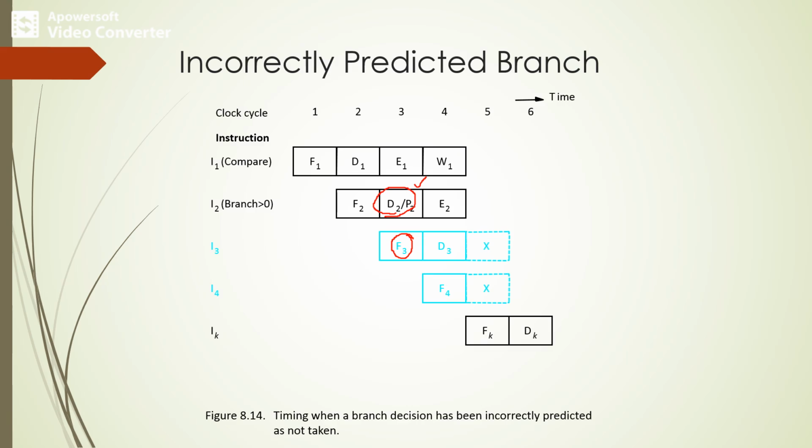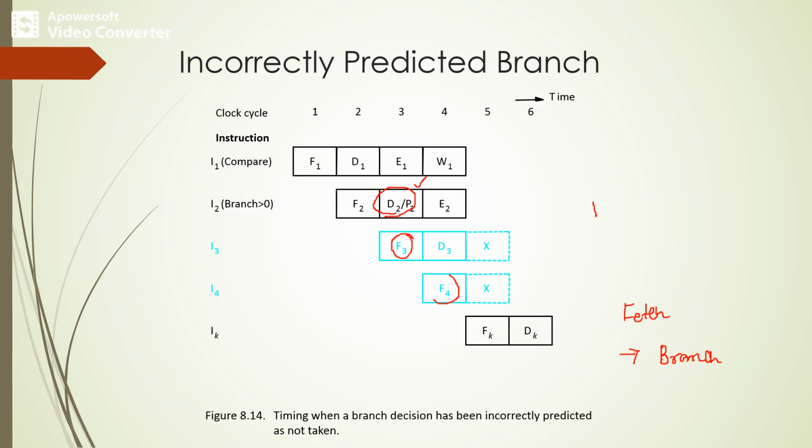What exactly does the fetch unit do? The instruction fetch unit predicts that the branch instruction will not be taken and it will continue to fetch the next instruction also, that is I4.